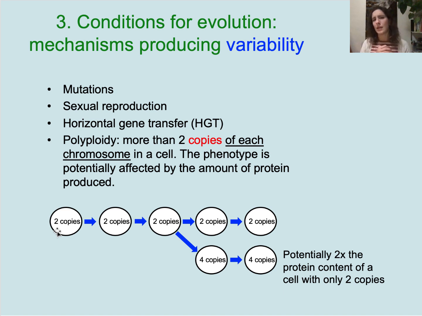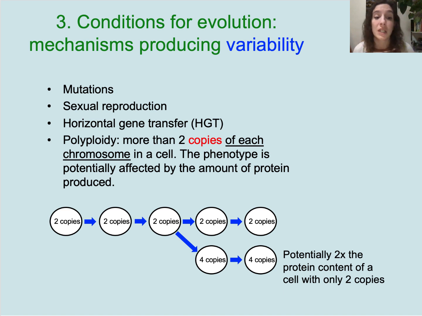And we're not just talking about an individual with this one gene. Imagine an entire individual's entire genome where all of the genes in that genome have 2 copies. Next generation, your offspring also has 2 copies of each gene. Well, say there was a mistake in the molecular machinery involved in DNA replication or something like that.